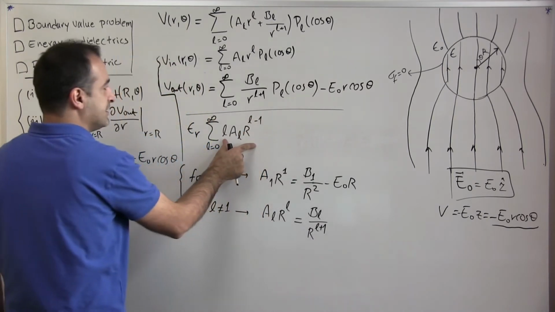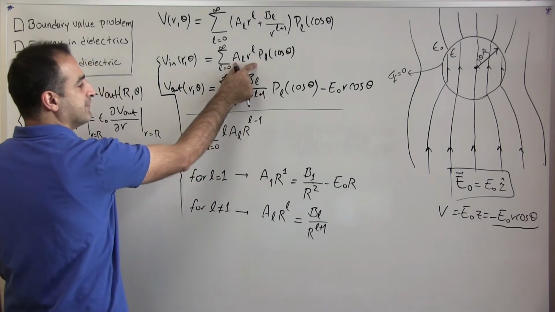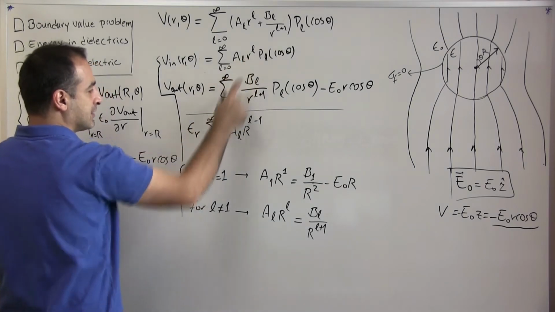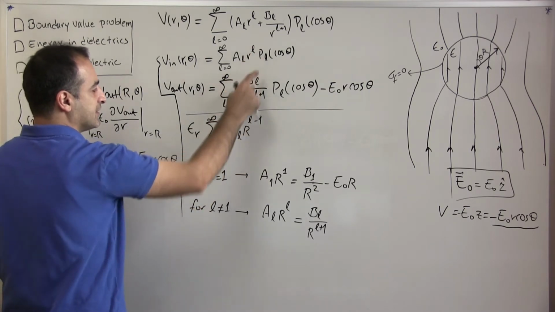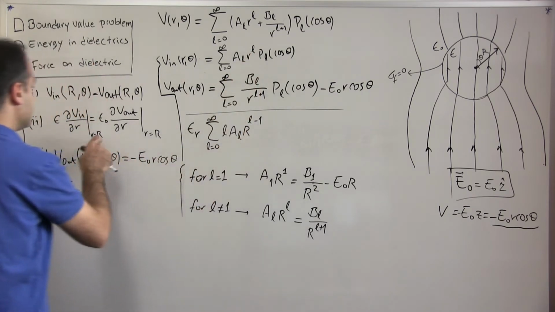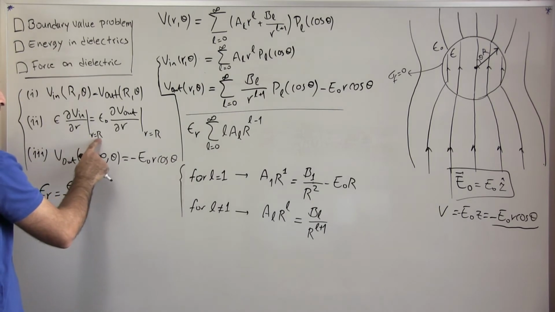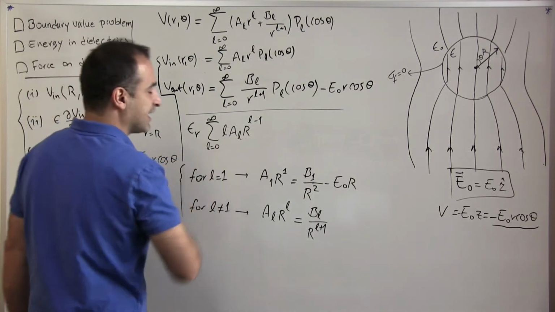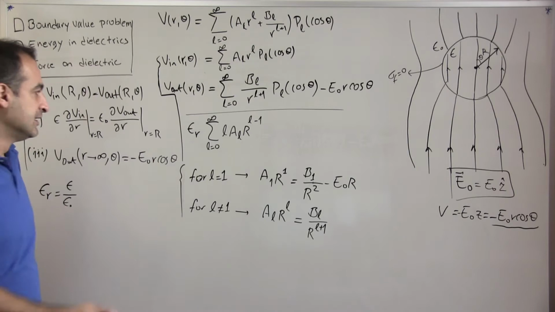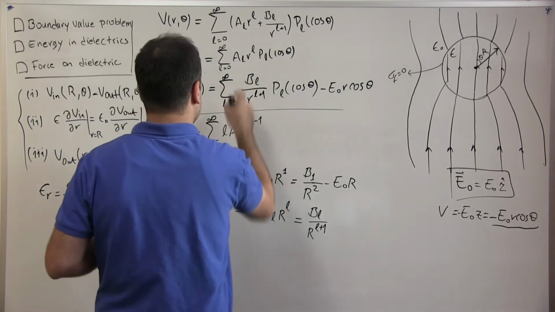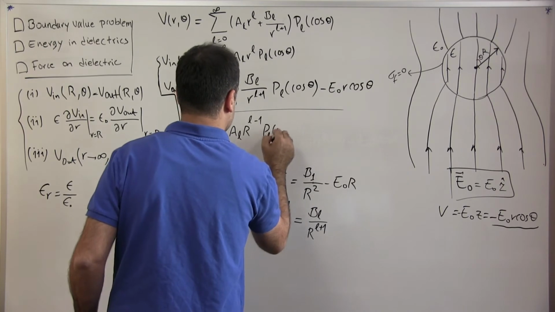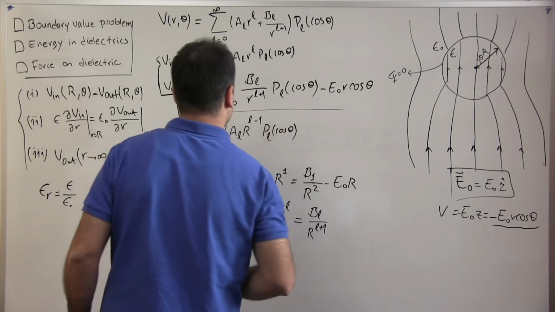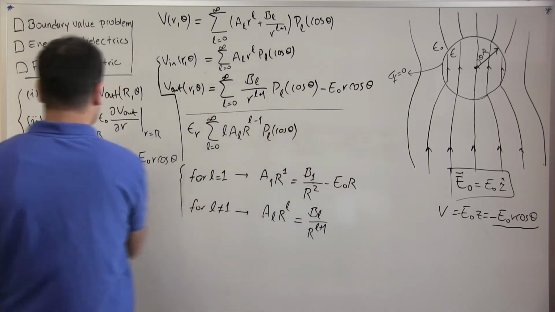If you look at this term, this is basically the derivative of this. So L comes down here, A_L times r to the power of L minus 1. But because we are looking at this derivative exactly at r equals capital R, I write capital R here. So this is the derivative of V_in with respect to r. And then we have P_L cosine theta here. This is one side of the equation.